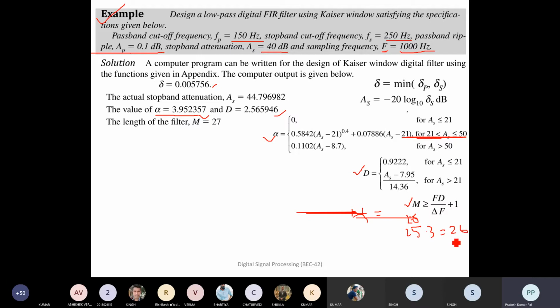But 26 will not be considered as the M value, because M should always be an odd integer. So we will take the next larger value that satisfies the odd condition, and we will consider M to be 27. This is how we should proceed with the different steps to find the different terms.